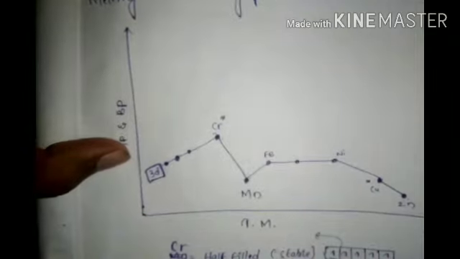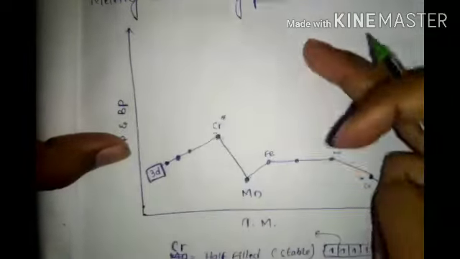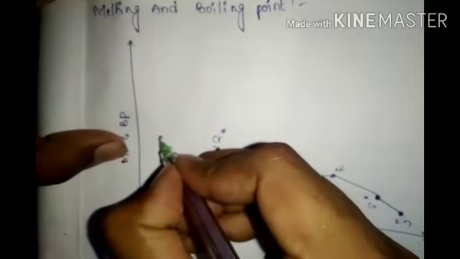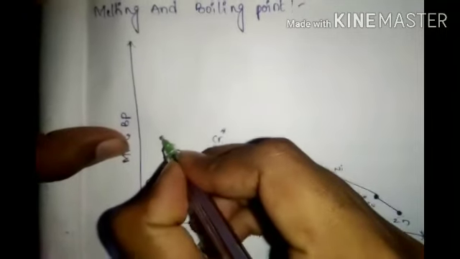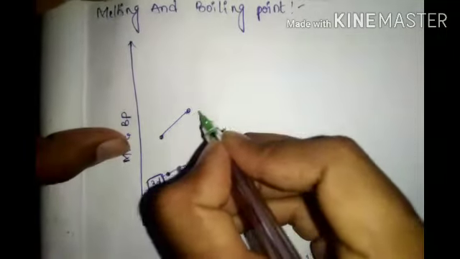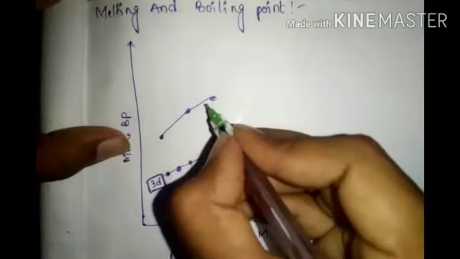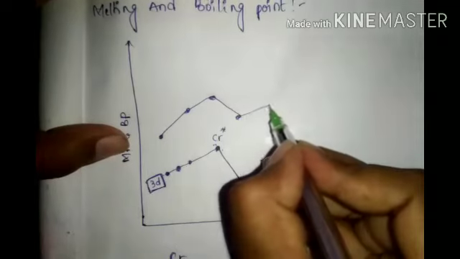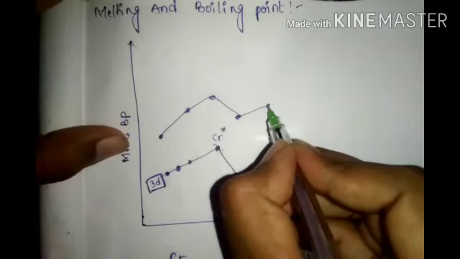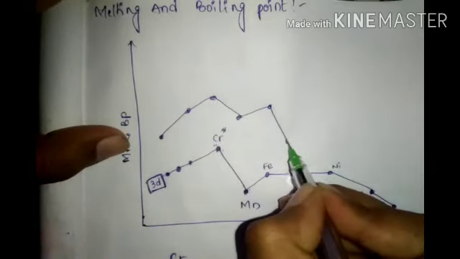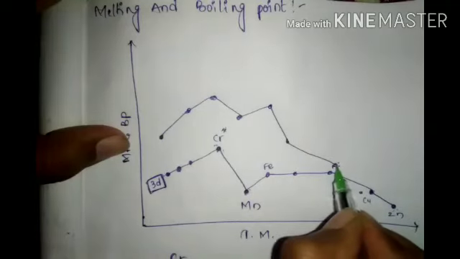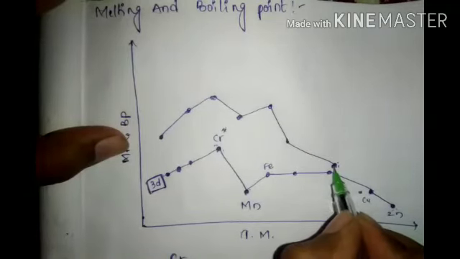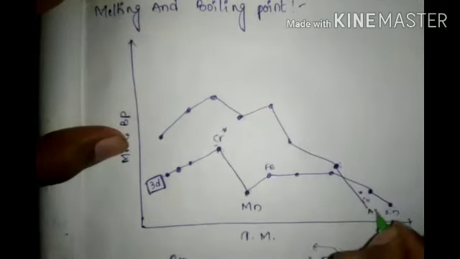Now what we actually have to observe here is 3D, 4D, 5D: which is highest. Next, yttrium, zirconium, niobium, molybdenum, technetium, ruthenium, rhodium, palladium and silver, Ag last.